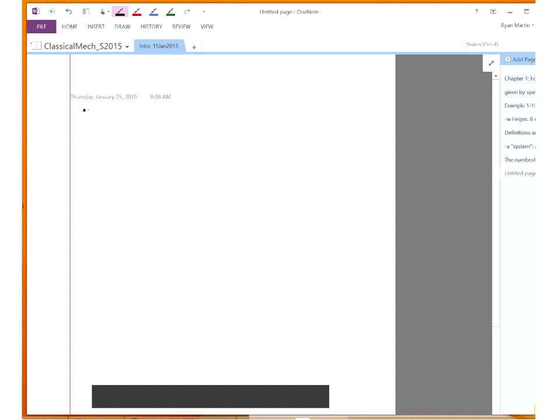So let's move on to types of constraints. There are various ways that you have constraints on the coordinates.